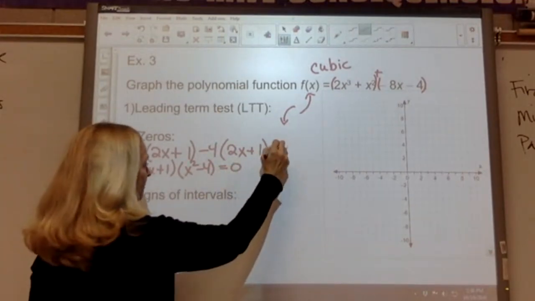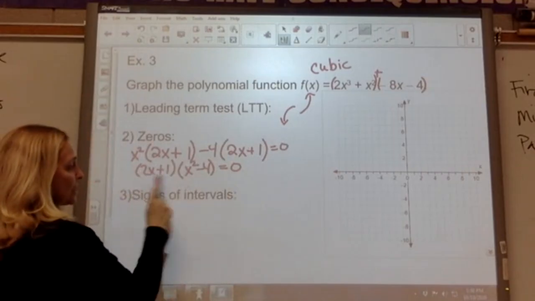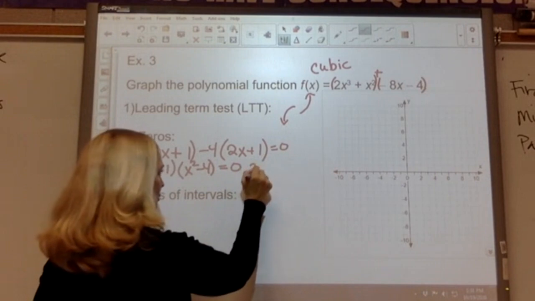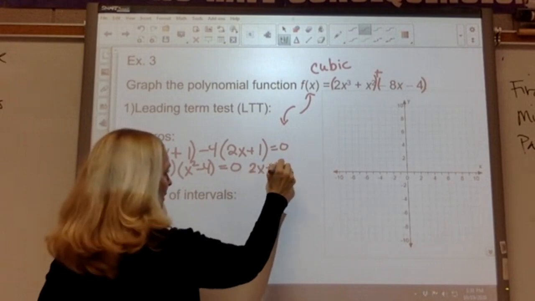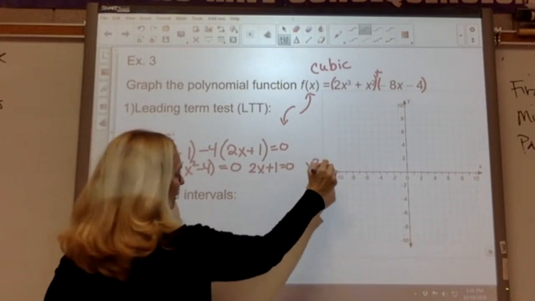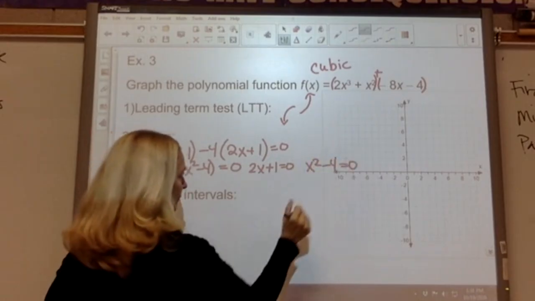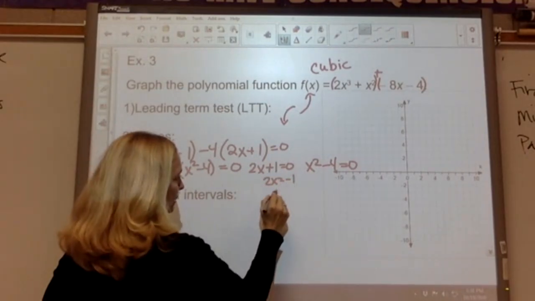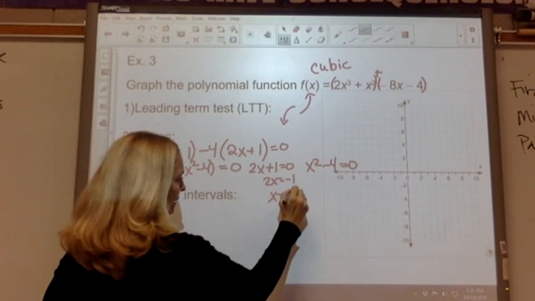Okay, so I'm finding the zeros. So now, I set both these parentheses equal to 0 and solve. So I have 2x plus 1 equals 0, and then I have x squared minus 4 equals 0. So subtract 1 here: 2x equals -1, divided by 2, x equals -1/2.